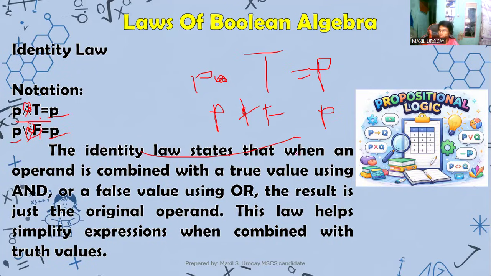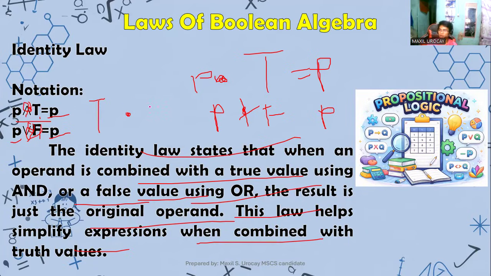So the identity law states that when an operand is combined with a true value using and, or a false using or, the result is just the original operand. This law helps simplify expressions when combined with truth values. Say for example, class, if you are true, and you multiply with true, so true times true, you will always be true.